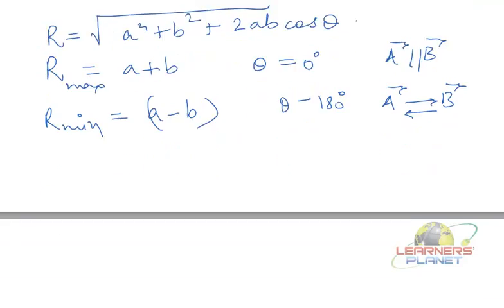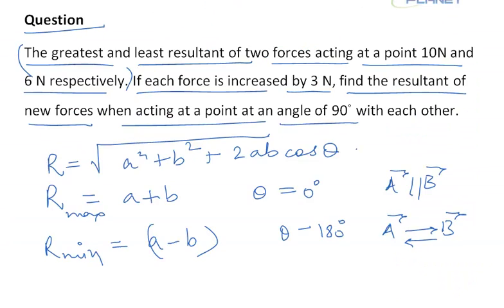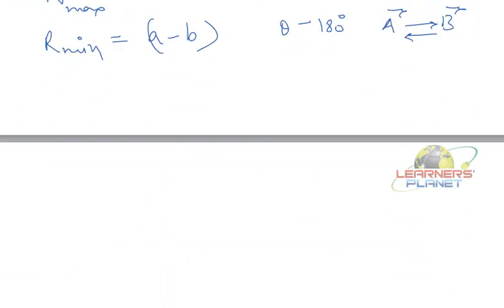Okay, now it is given to us that the maximum resultant is 10 and minimum is 6. Now let's say the two forces that are acting are F1 and F2. Therefore F1 plus F2 is 10, and F1 minus F2 is 6.